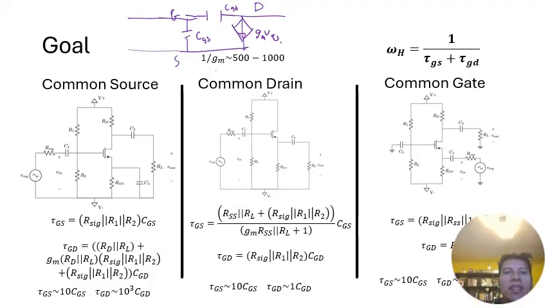Just like we computed a Thevenin resistance for each of the external capacitors for the omega lows, now we're going to do the same thing for the internal capacitances. So for each circuit, we're going to have a tau GS and a tau GD. We're going to derive these for the common source, the common drain, and the common gate in the next few slides.